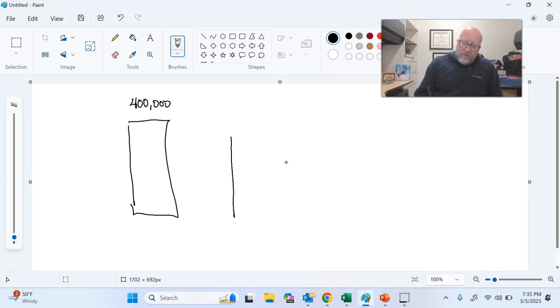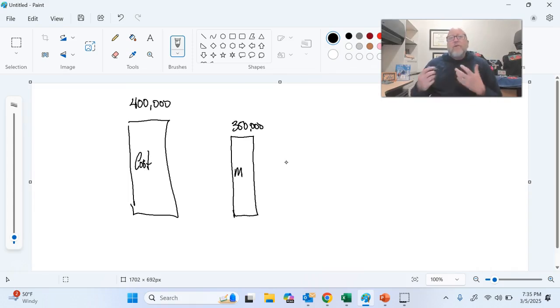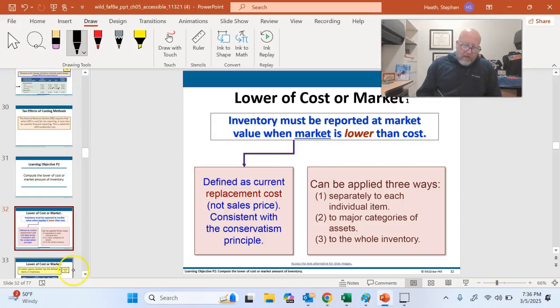If, hypothetically, this lumber would burn down and we had to go back out into the market and acquire to replace all of the inventory as it existed before the fire, and if the inventory was 350,000, if this is market and this is our cost or what's in our financial statements, the lower of cost or market would say our financial statements currently say 400,000, but they should say 350,000 because 350,000 is the lower of the two options. Maybe I can go back to the slides.